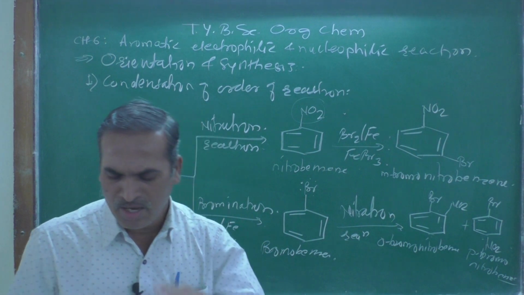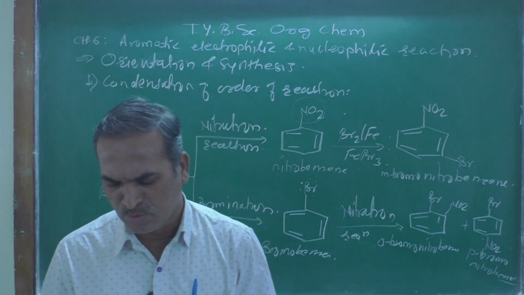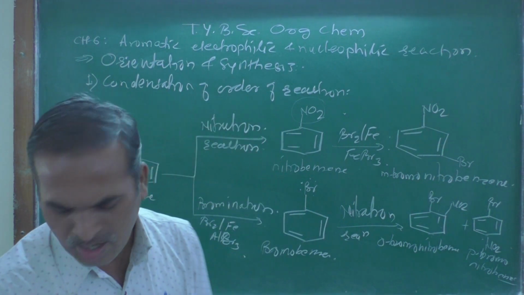So this is there. Now the second point is the conversion of one functional group into another.